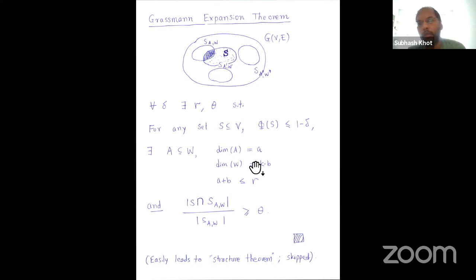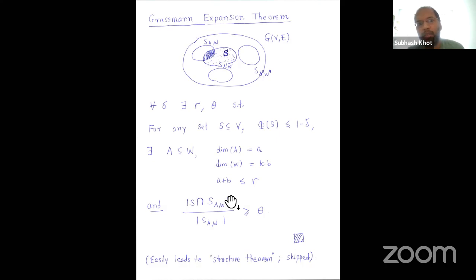Now, if you're really picky, you could complain that you still did not characterize what this set is. All you told me is that this set has constant density inside one of these special sets. What about the whole remaining part of the set S? But it turns out once you have this theorem, you can obtain essentially a full structure theorem.